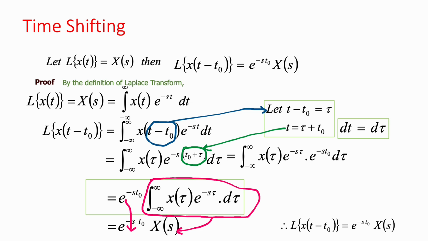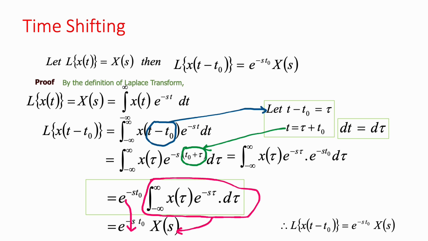So this we have to prove. For the proof, first you write down the definition of the Laplace transform given here. We have to do it for t minus t naught, where t naught is the time shift.